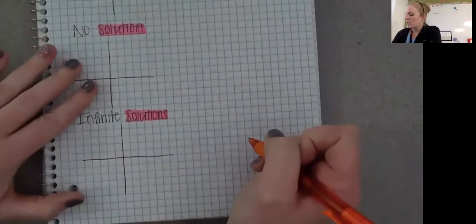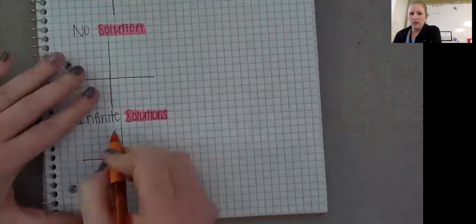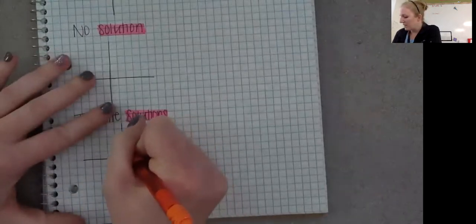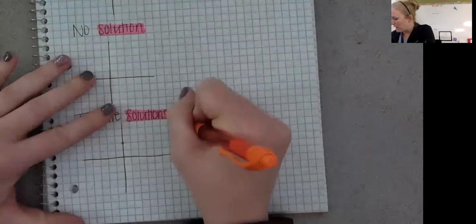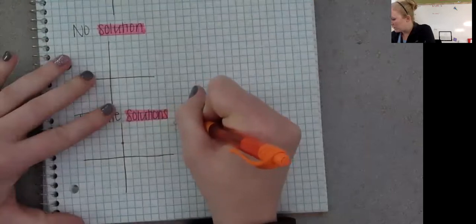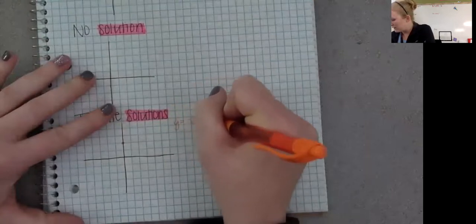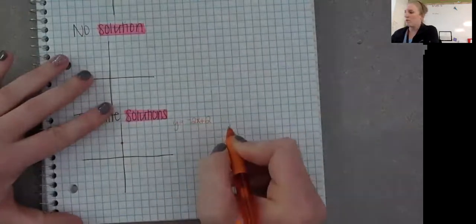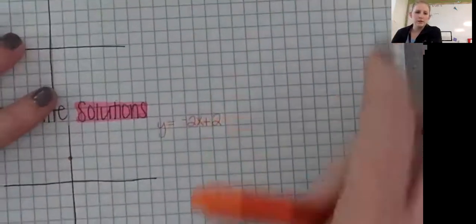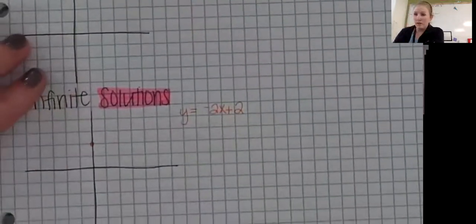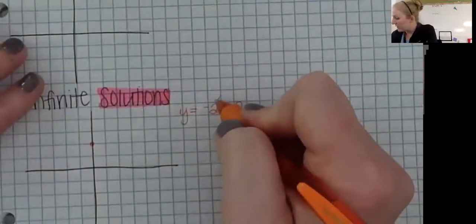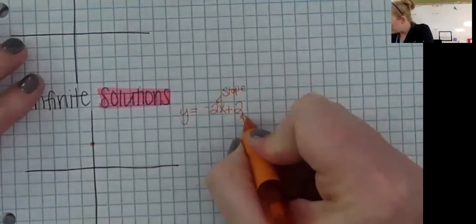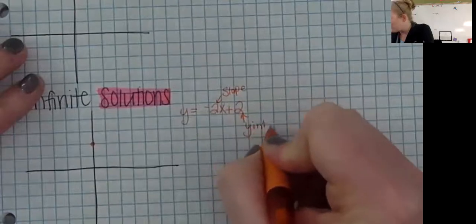If you're looking at two graphs, when we're looking at infinite solutions, let's say I had the equation y equals negative 2x plus 2. Remember the slope-intercept form, where the negative 2 would be our slope and the positive 2 would be our y-intercept, or where you start.